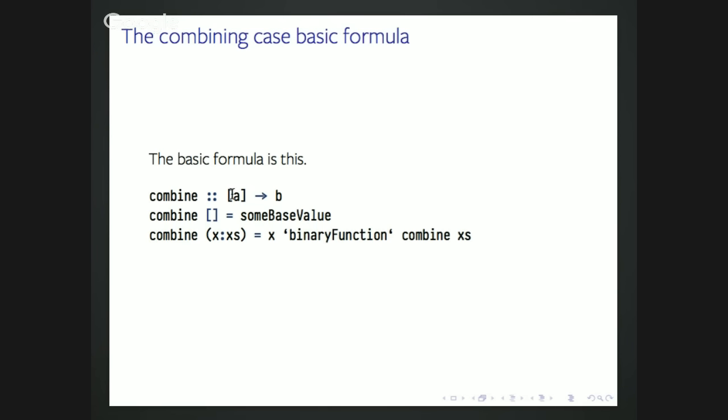Here we have a list of A's, and we return some value B. And B could be a list itself, but in the most basic cases you would combine down to a single value often. So if you combine with the empty list, you'll get some base value. In the sum case, it was 0. In the product case, it was 1. And then when you actually have a list that has something in it, you basically say x, and then you combine it with some binary function with the rest of the list. So this is combine x xs.